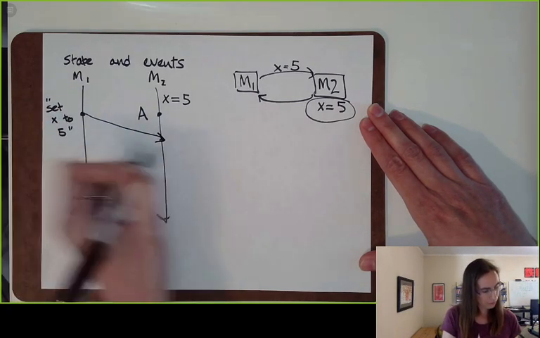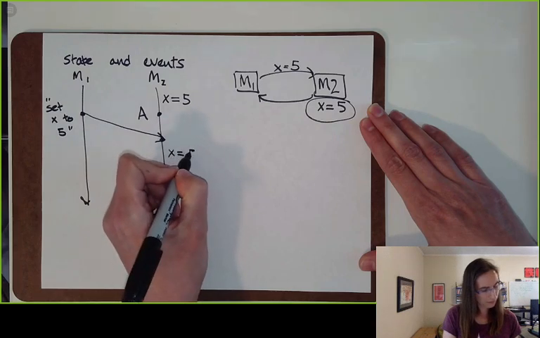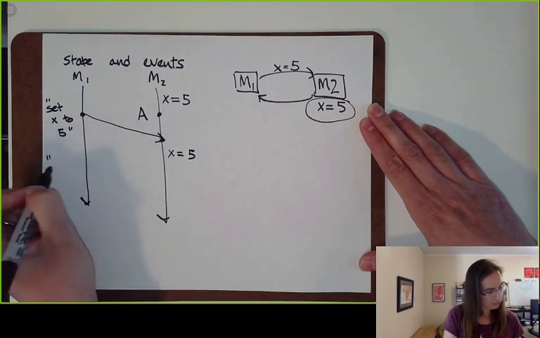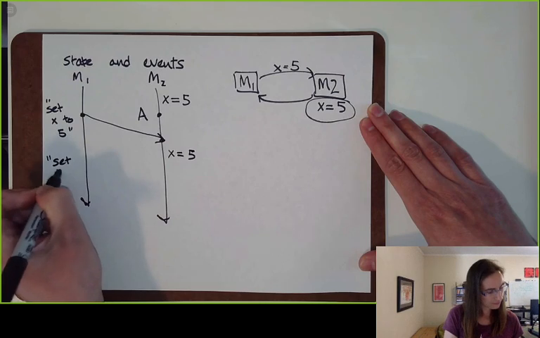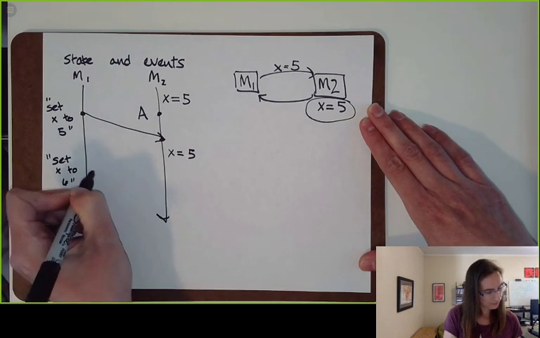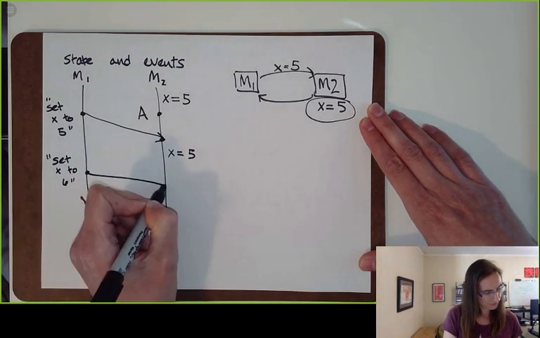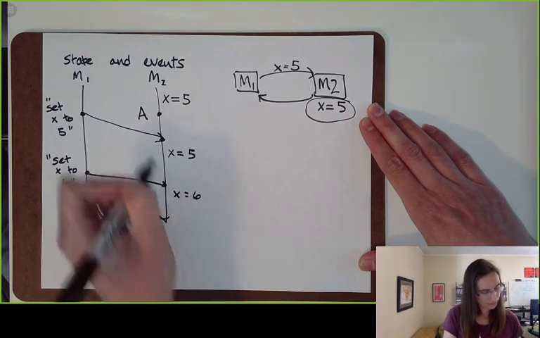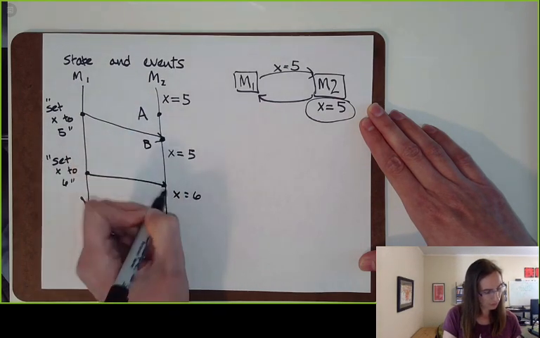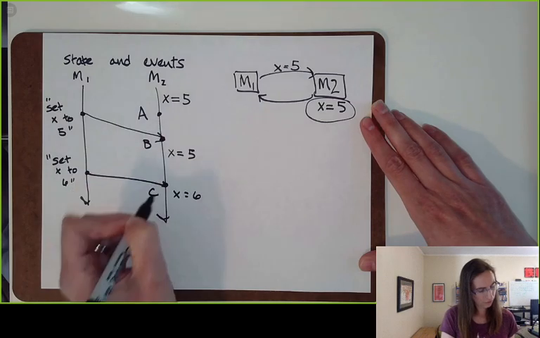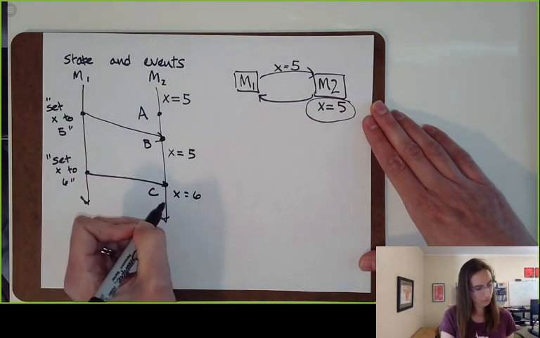In this case, X already was 5. But maybe it sends another message later. So we'll give some names to these events. Let's say these are events A, B, and C, all of these messages here.